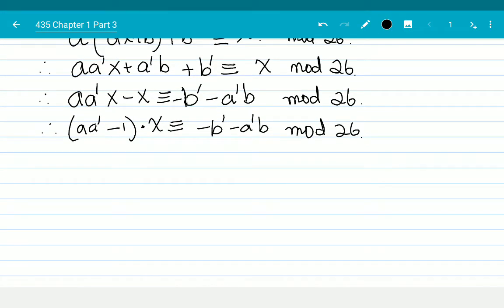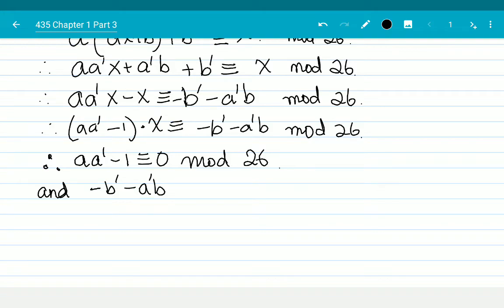Now note, left hand side has x, right hand side does not. This should not depend on x, right? Therefore, a prime a minus 1 is going to 0 mod 26, and minus b prime minus a prime b is going to 0 mod 26, right? That's the only time multiplying by x for whatever x is going to keep things the same.